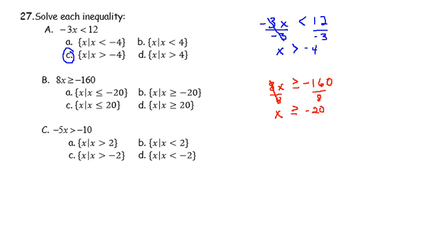So our answer here is B. And then the last one here, we've got negative 5x is greater than negative 10. Divide both sides by negative 5. Remember, because we're dividing by a negative, that sign flips, and we get x is less than 2. So our answer here would be B.